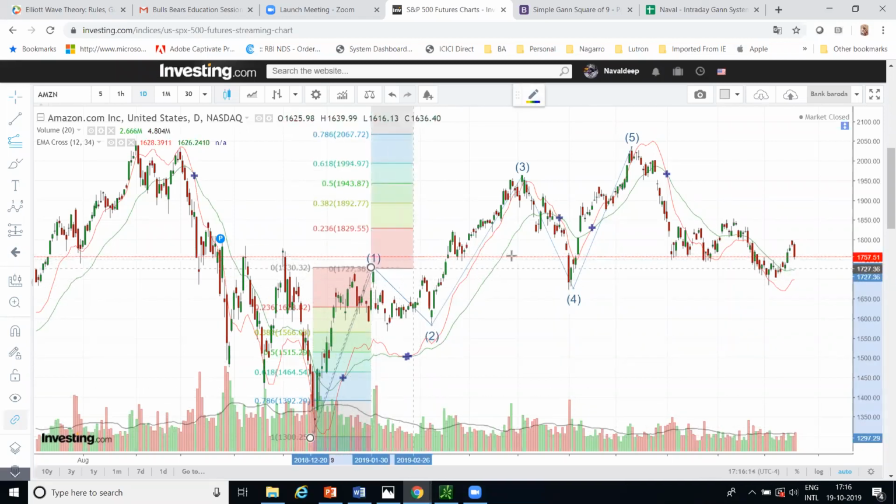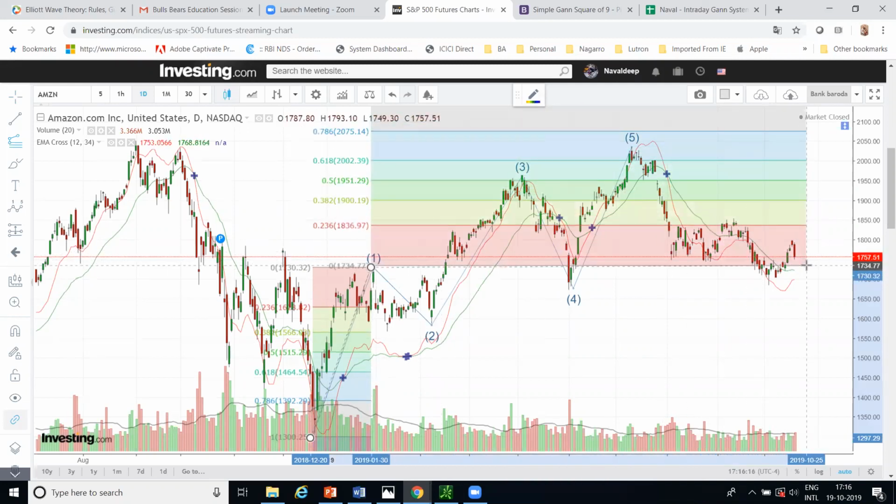This is the extensions. See, 0 to 1, 1 to 2, it's 38%. Then it went up to 61.8, which is the biggest one. So it is following our theory of Elliott wave. Then it came down to this point, which is around 2.36.